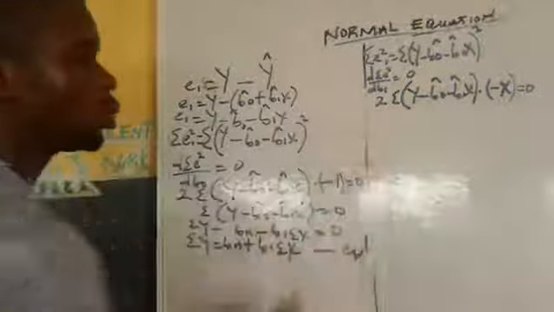Then put the summation back, open the bracket, and write this one, y minus b naught minus b1 x, close the bracket, equals 0. Now we want to eliminate the minus 2 as we eliminated the 2 before. So minus 2, minus 2, this will go away. We are left with summation x, bracket y minus b naught minus b1 x, close the bracket, equals 0.